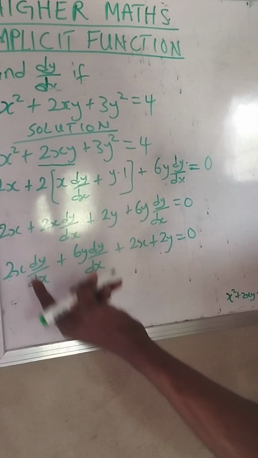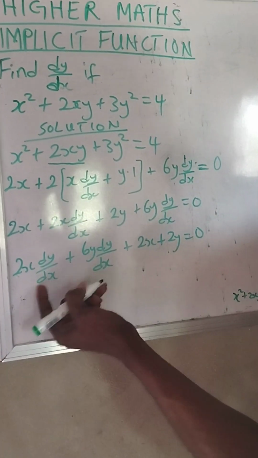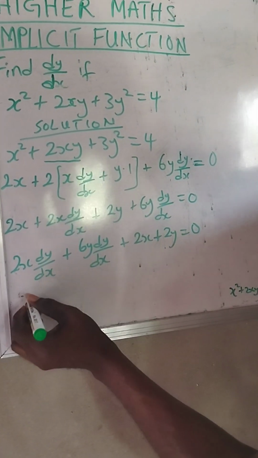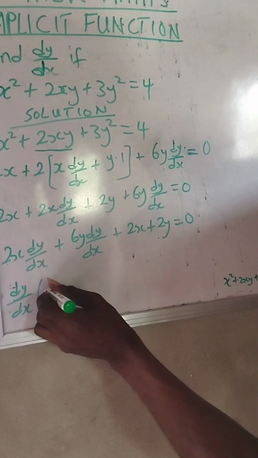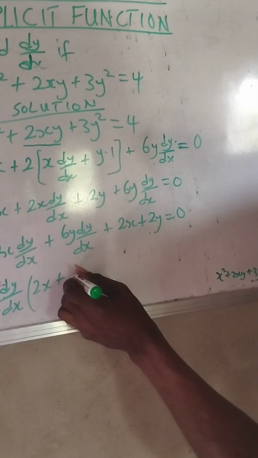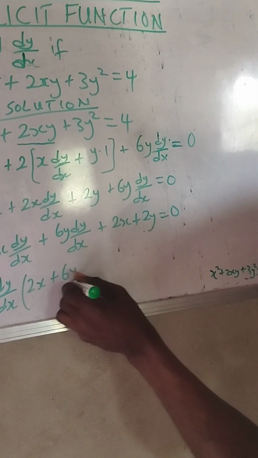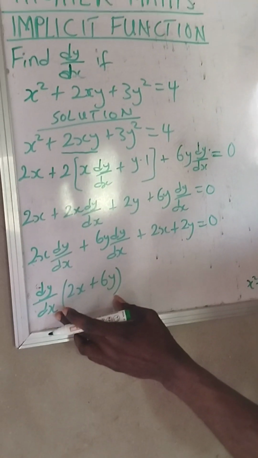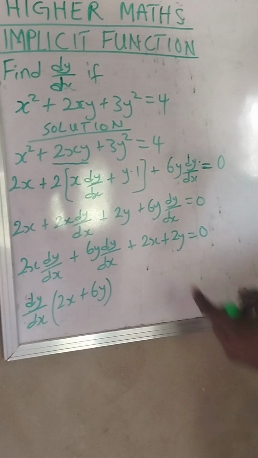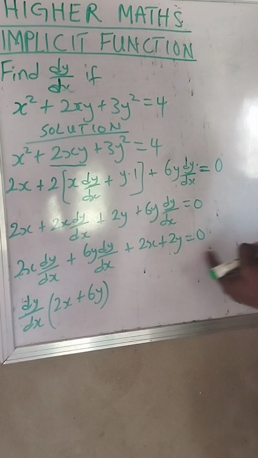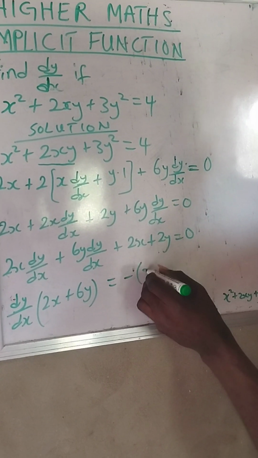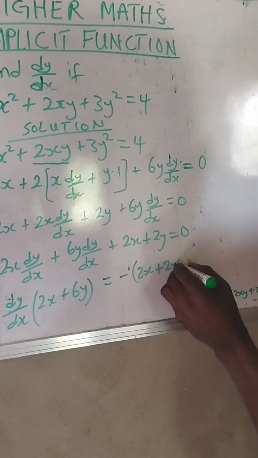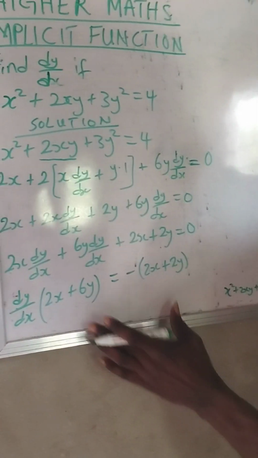I only rearranged them. Now factor out dy dx. I have dy over dx bracket 2x plus 6y. Then we're going to take this to the other side, which is minus bracket 2x plus 2y. So this is what we're going to have.